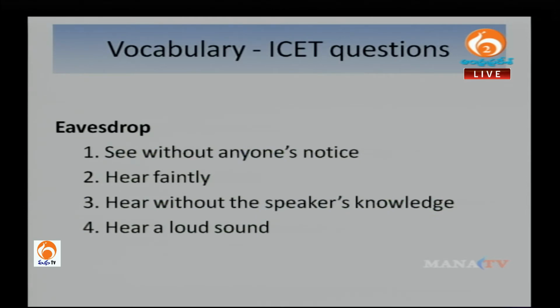So see without anyone's notice. So these options are giving you an idea about what the word is. The word may be something to do with you're doing something secretly, right? You're seeing without someone's notice, hear without speaker's knowledge, and hear faintly or hear a loud sound, but you're hearing or seeing something as an observer. That is the meaning of this word.